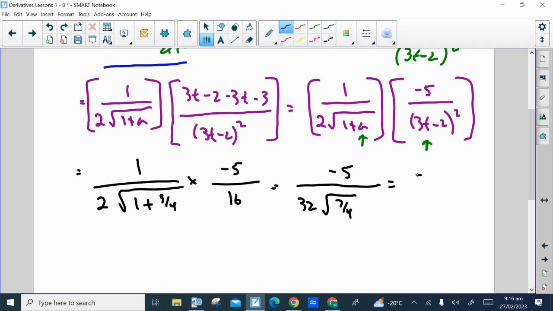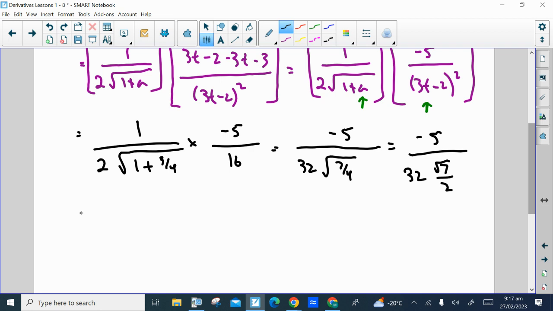So I can do a bit more simplifying here. On the bottom, I can break the root 7 over 4 into root 7 over root 4, because the square root of 4 is 2, so it'll be root 7 over 2. And then 32 divided by 2 is 16. So that'll give us negative 5 over 16 root 7.